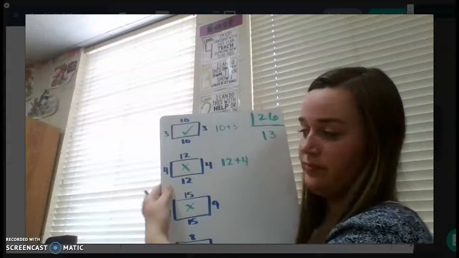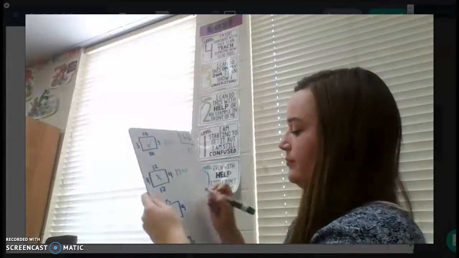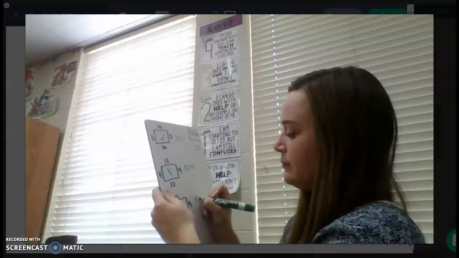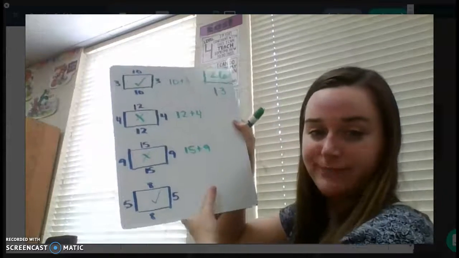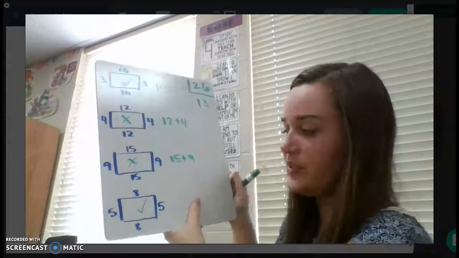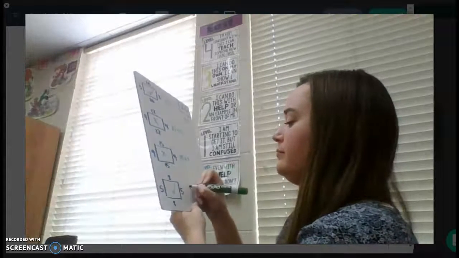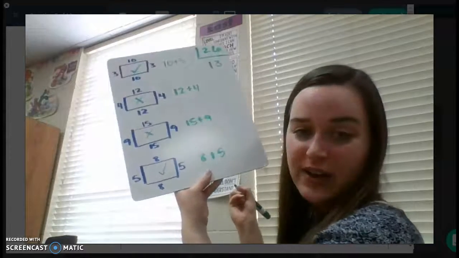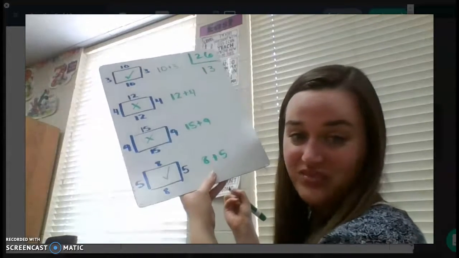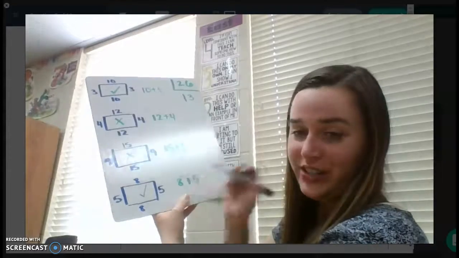No, it is not. So that one does not work. Is 15 plus 9 going to be 13? No, it is not. So that one does not work. Does 8 plus 5 equal 13? Yes, it does. So that one does work.